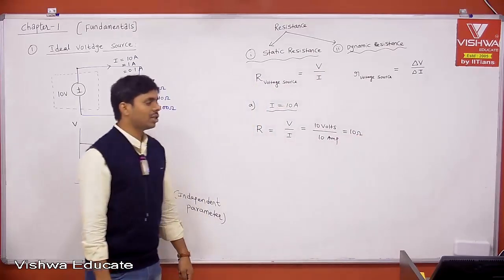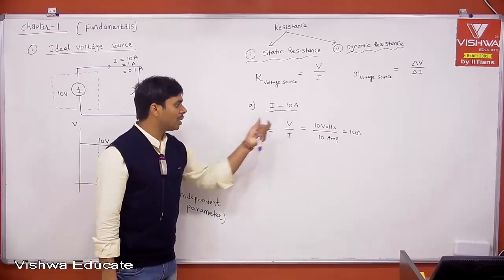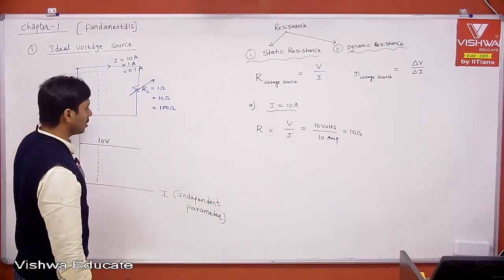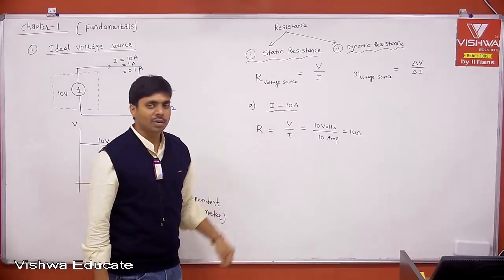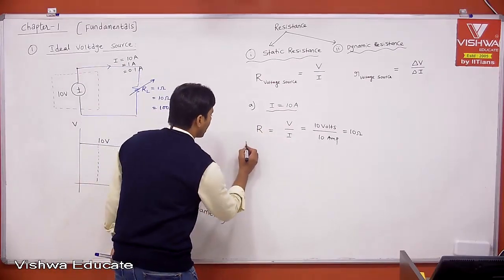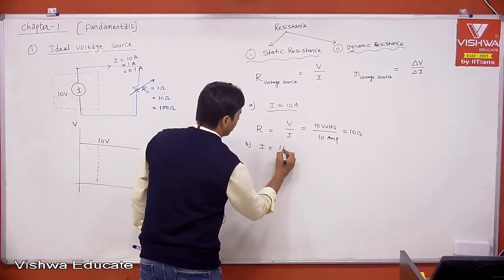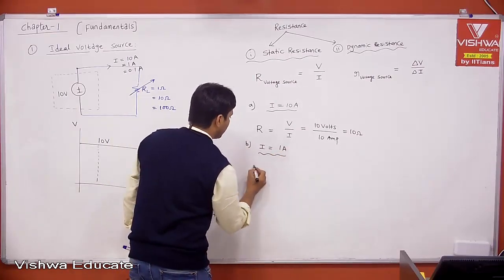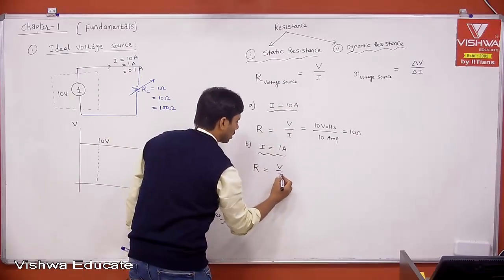Therefore, if you take the definition of static V by static I, the voltage we are getting from your voltage source and the current you are drawing from it, then that is the static resistance. Let's see for another current. Let us say I is equal to 1 ampere. Then what is your R? R is equal to V by I, that is the definition.